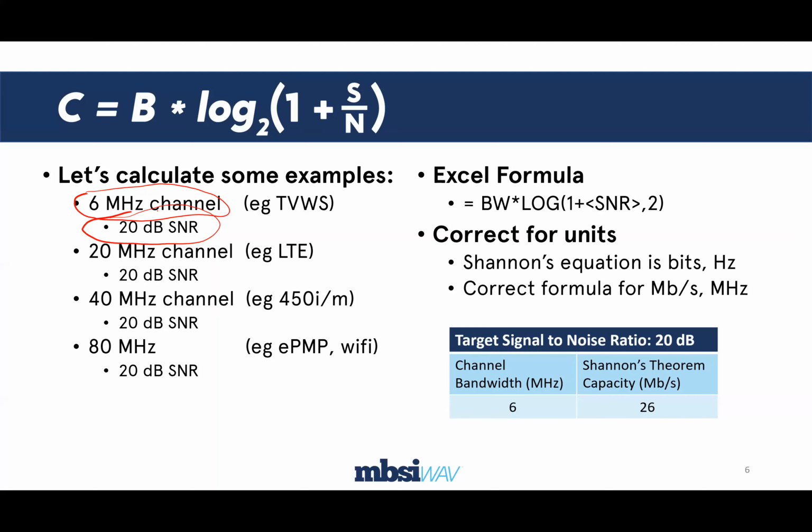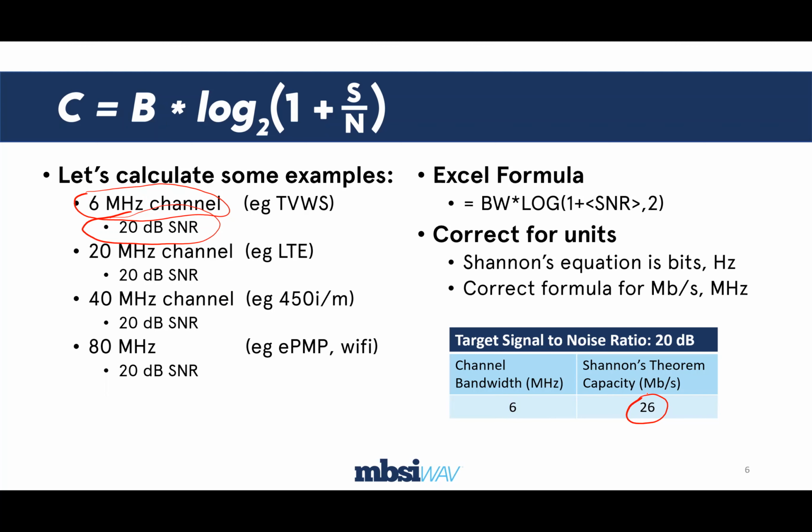I've skipped the math here, so you just have to trust me that my calculation is correct. On this 6 megahertz channel at 20 dB SNR, I can expect to have 26 megabits as my maximum capacity in the channel.